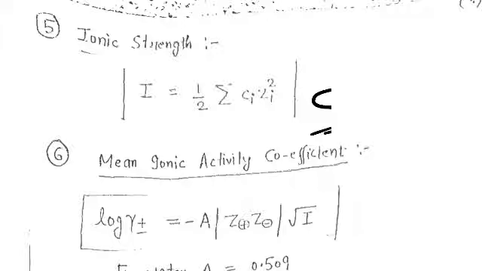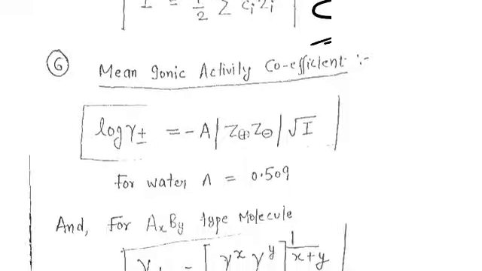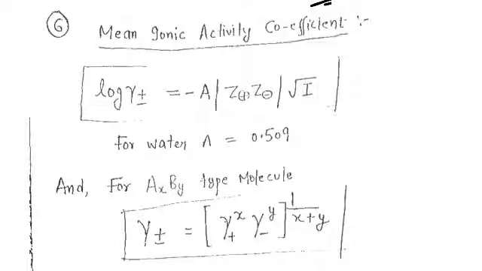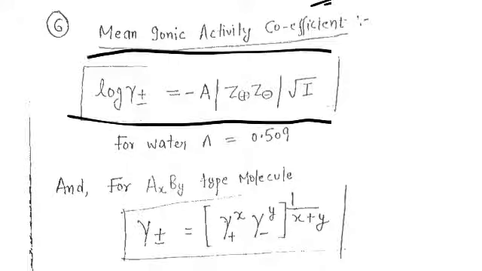Okay, now the last thing, the mean ionic activity coefficient. The formula is log γ± = -A Z+ Z- √I. Gamma plus-minus denotes the mean ionic activity coefficient, and for water the value of A is 0.509.